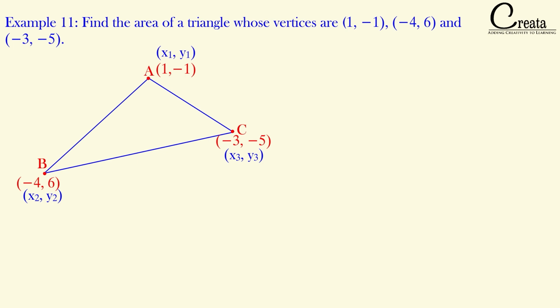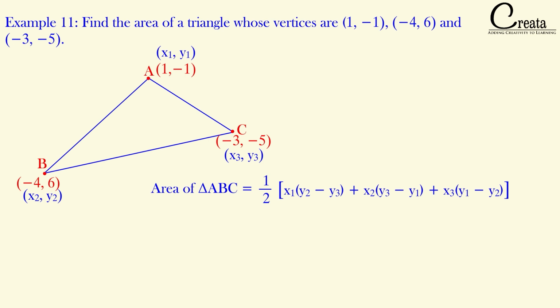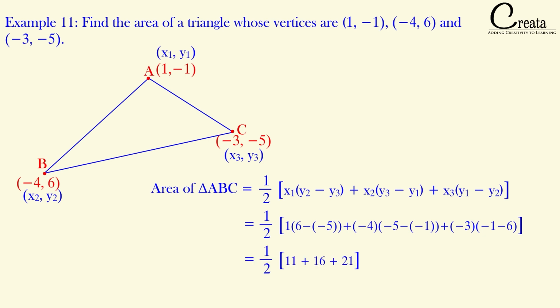All the values of the variables are given, so we can directly apply our formula: the area of the triangle is half into x1 times (y2 minus y3) plus x2 times (y3 minus y1) plus x3 times (y1 minus y2). Let's put the values and solve it. We got the area of the triangle as 24 square units. This is the answer of the question. Very basic question, just to show you the implementation of the formula.